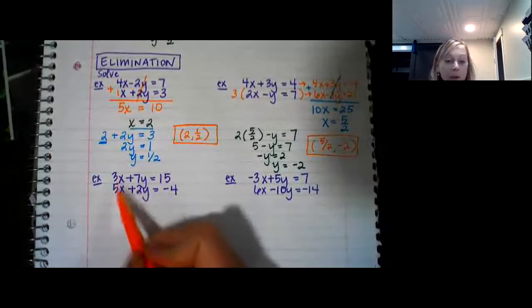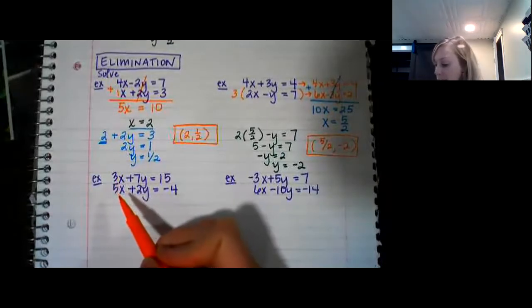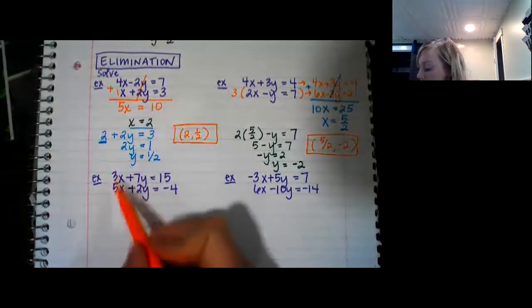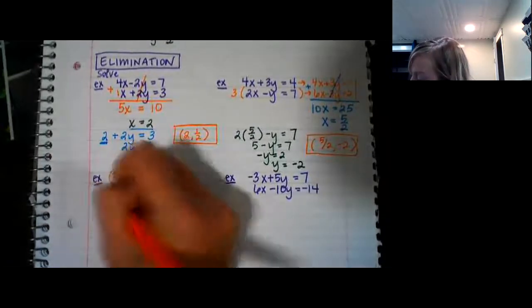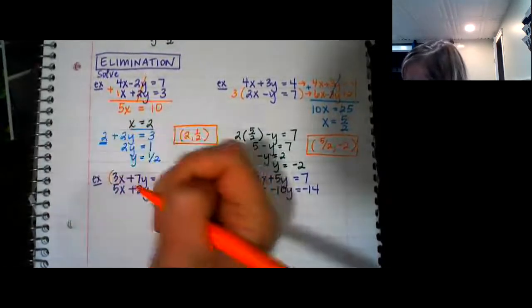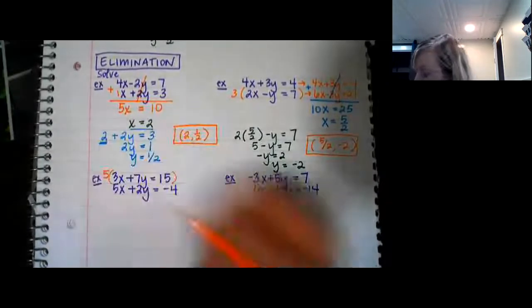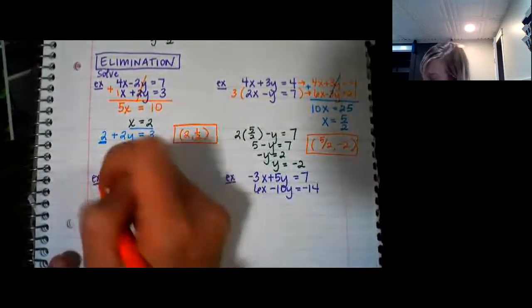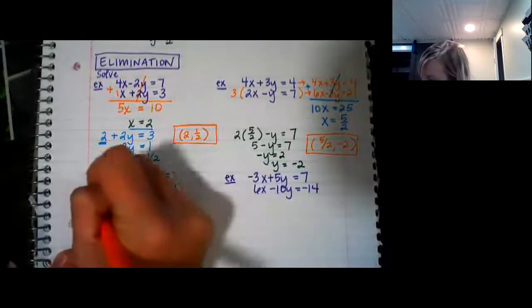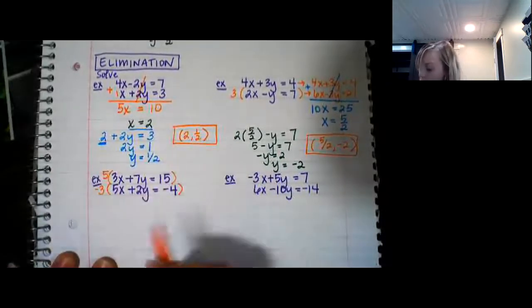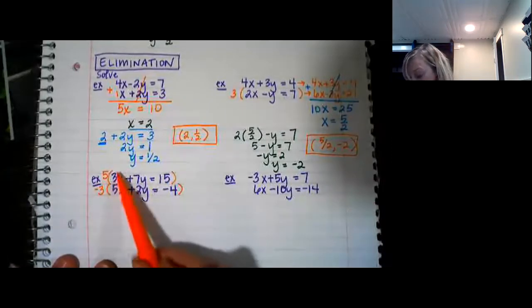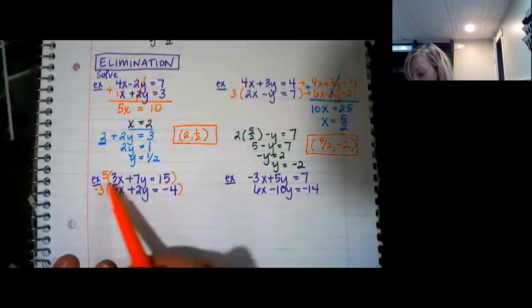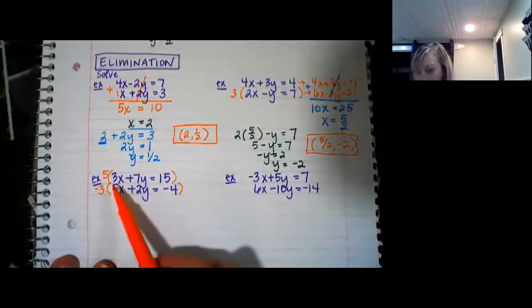So if I want to eliminate x, and again, you could choose to eliminate y if you like that better, but if I want to eliminate x, that means that I want there to be opposites in front of x. So in order to do that, I'm going to go ahead and multiply the first equation by 5 and the second equation by -3. Because notice when I do that, the coefficient in front of x would be 15, and the coefficient in front of x in my second equation would be -15.